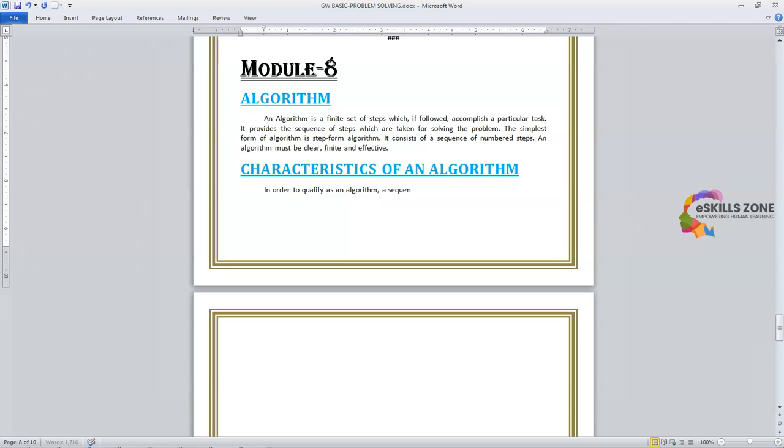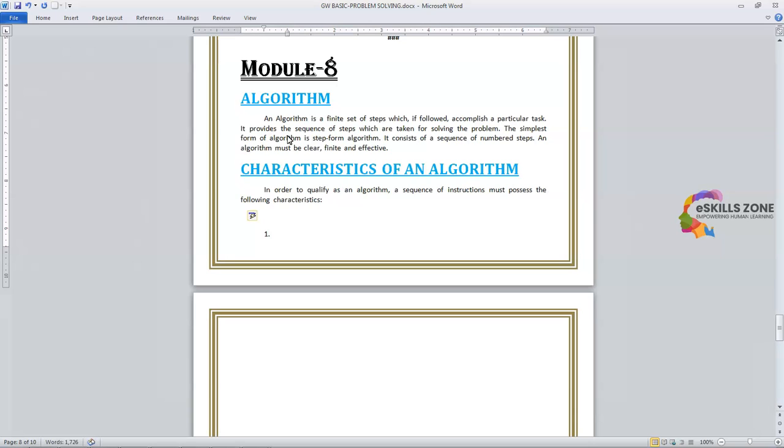A sequence of instructions must possess the following characteristics. So what they are, let's see.